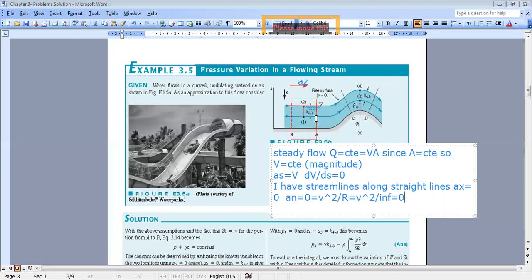When I say that I have a steady flow, this means that my mass flow rate is constant. So I will detail it more. Steady flow, so mass flow rate is equal to constant. But they told me here that my flow is incompressible.